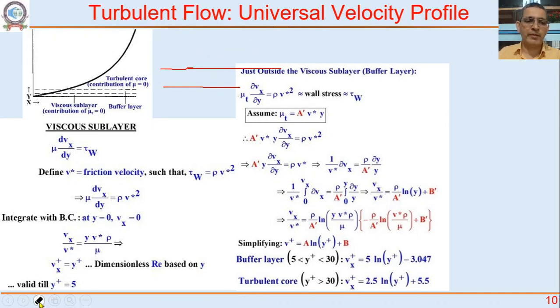Flow is occurring from, let's say, left to right. This is the center line of the pipe. What we are looking at is the flow near the wall.